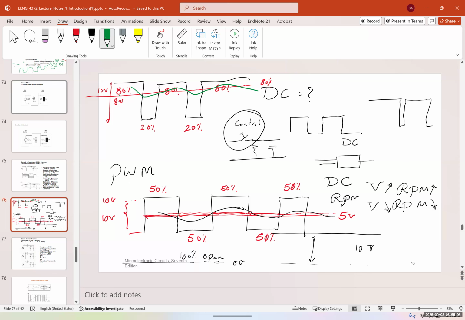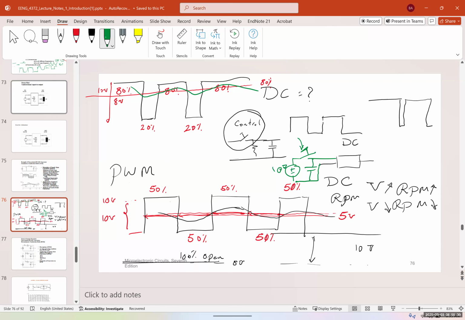So what this does is, imagine this is connected to a battery and a motor. The only thing that I have control over is the speed at which this switch is closing and opening. There's a capacitor and this is connected to the negative. If it's completely closed, the motor is at 100% and running full speed.